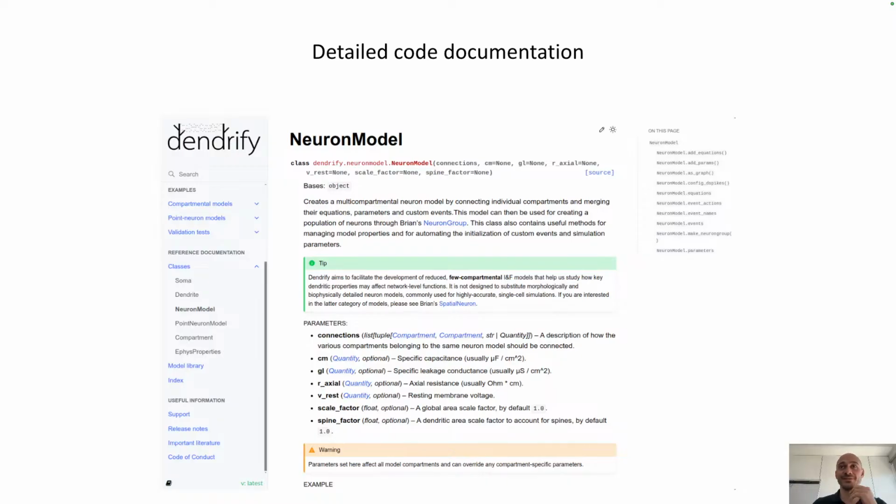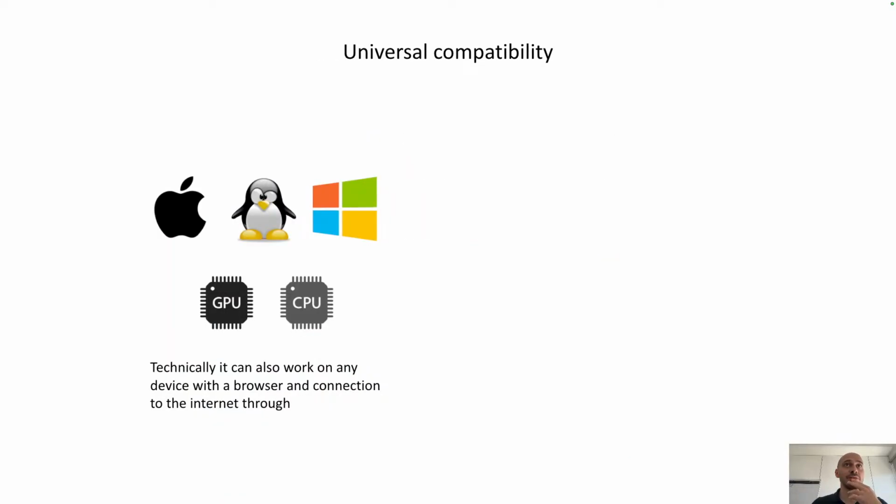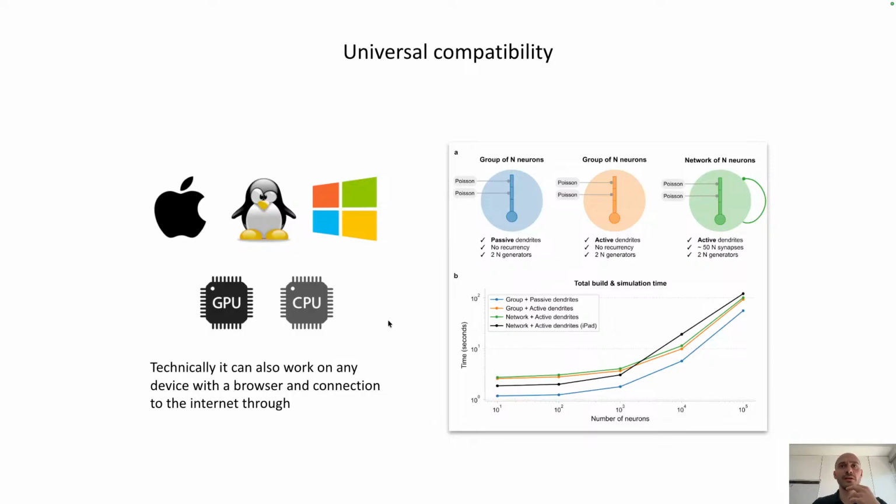There's a lot of information there to unpack. And also it's universally compatible. It runs on any operating system, and also through the Brian2CUDA interface, it can even run on GPUs. I can even manage to run some simulations on my iPad, for example. And that's all for now. That's the introduction.